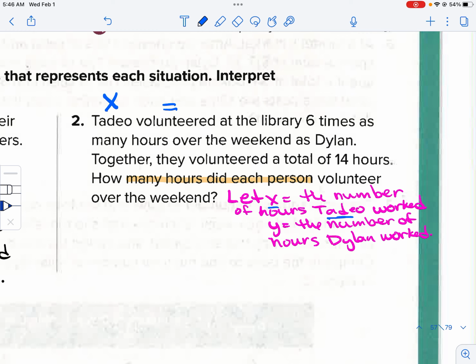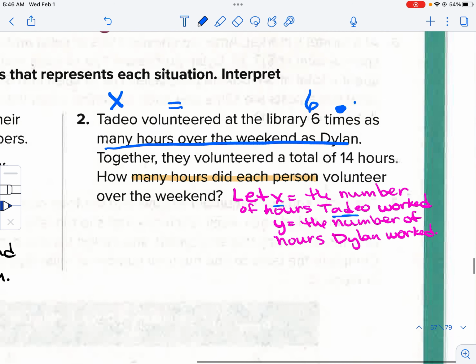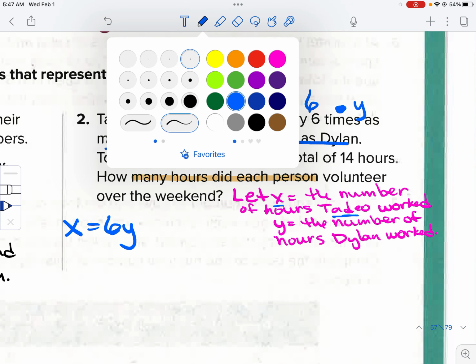That means he worked more hours than Dylan by 6 times the amount. Remember, times is multiplication. We have a 6, and then hours over the weekend is Dylan. So that is our first equation.